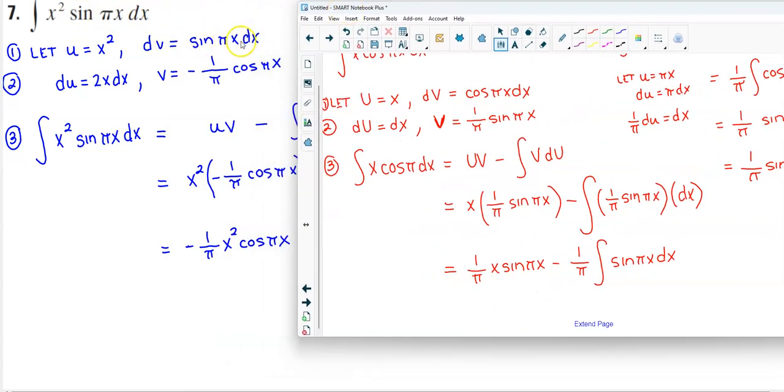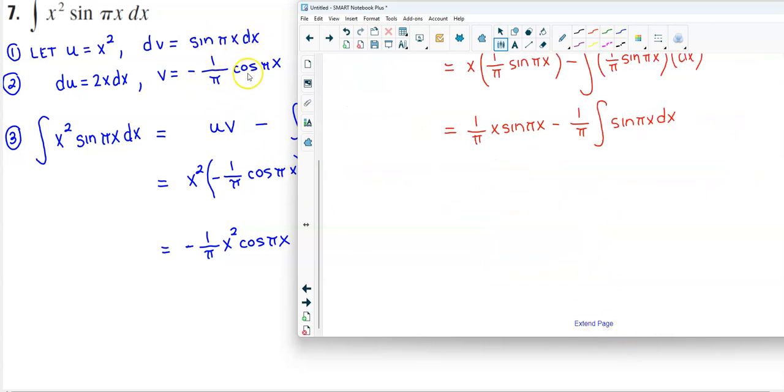Well, if you notice here, we already solved for the integral of the sine of pi x dx, and we got negative 1 over pi cosine of pi x. So that's going to equal 1 over pi times x times the sine of pi x minus 1 over pi times negative 1 over pi times the cosine of pi x plus c.